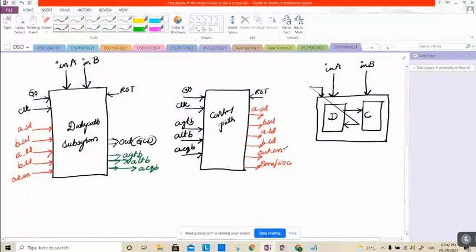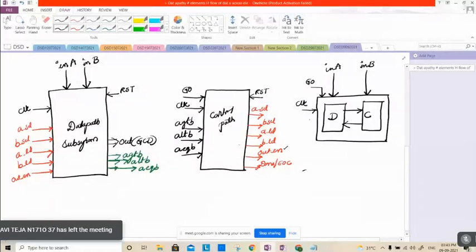We are supposed to give it externally. It is used only in the control path, and I have just mentioned it there. Reset is also not used in the data path. If required, we may remove that. But it is an external signal. The other external signals are the clock, and reset is also an external signal.